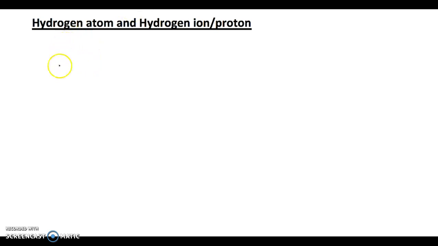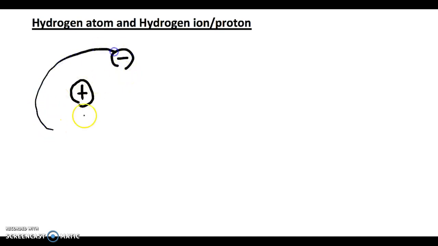Typical hydrogen has a proton in the nucleus, no neutrons, and also has one electron outside, and this is going to be in an orbital.